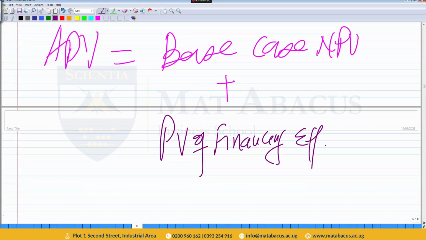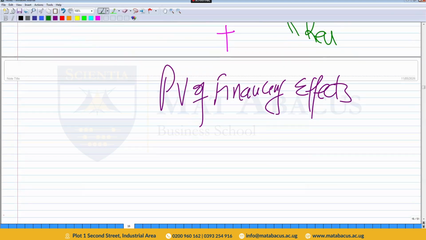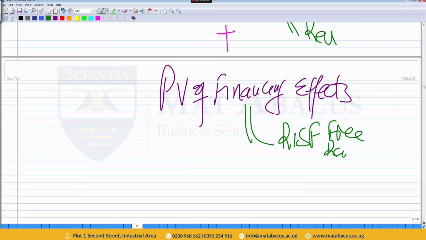The best case NPV cash flows will be discounted using Keu. That's why we had it, the cosmetics industry. Whereas the financing effects will be discounted using the risk-free rate.